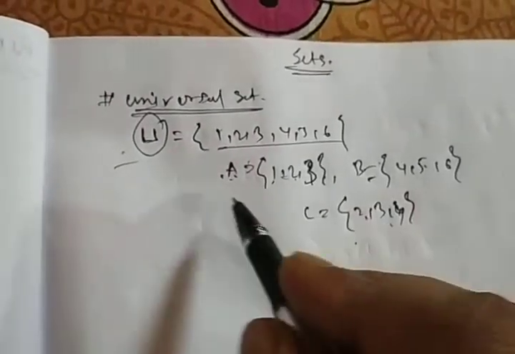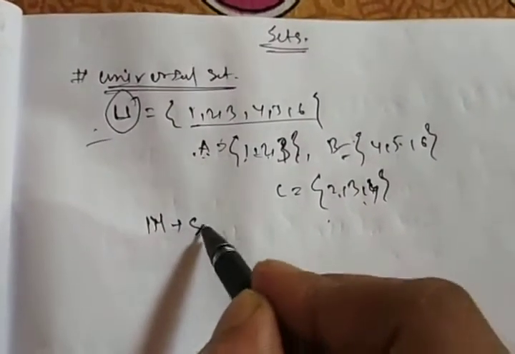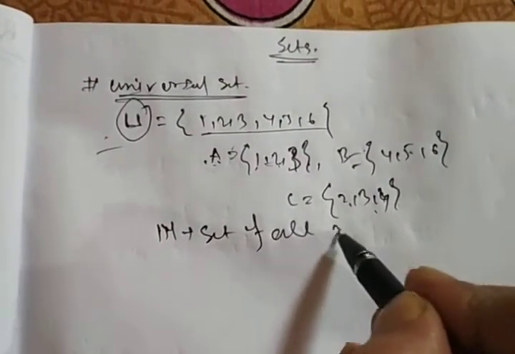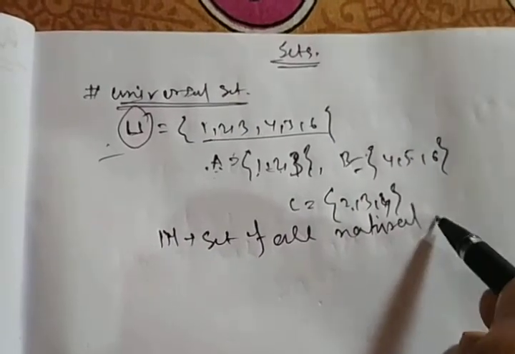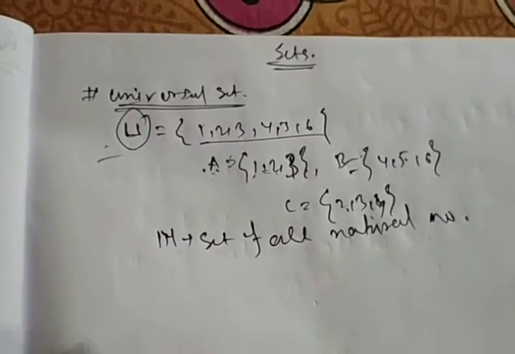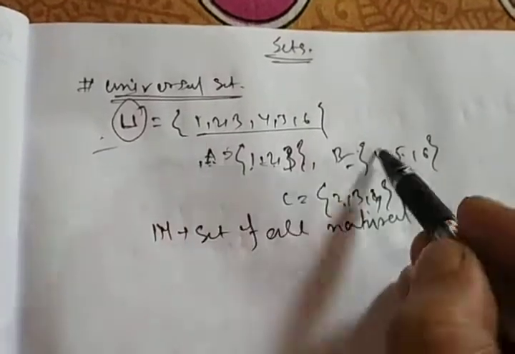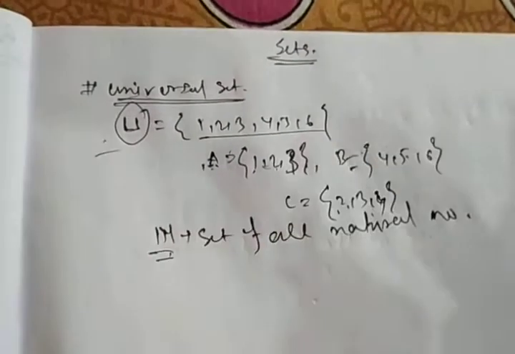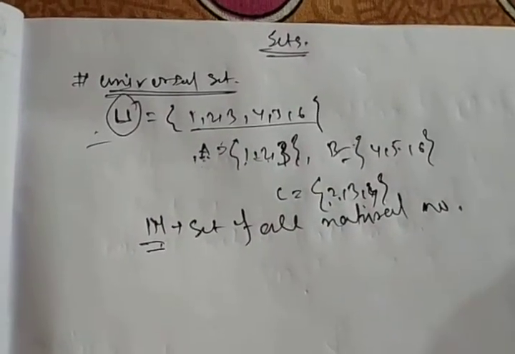Also we can write N, the set of all natural numbers. For these sets A, B, C, the natural numbers will also be a universal set.